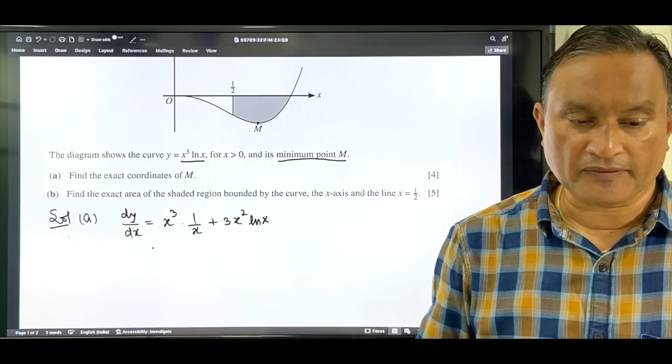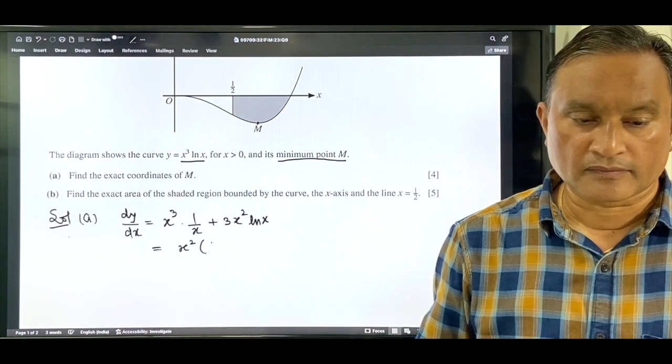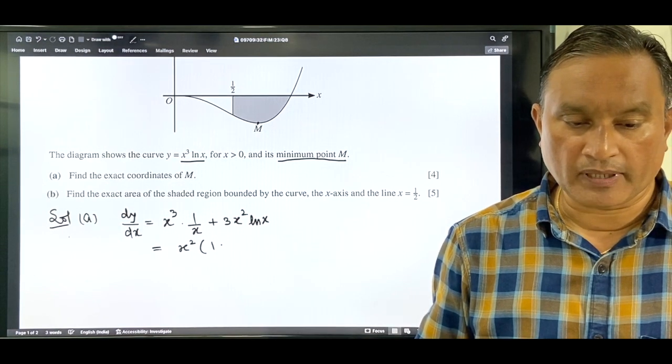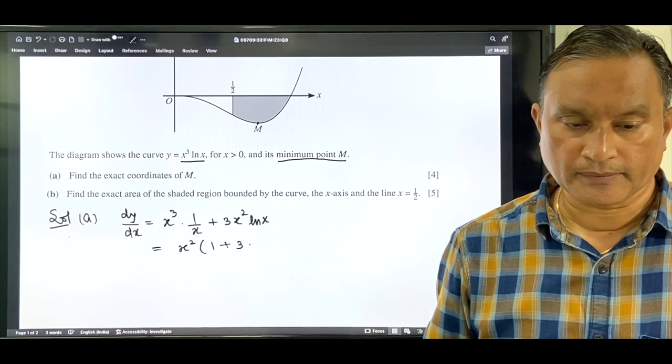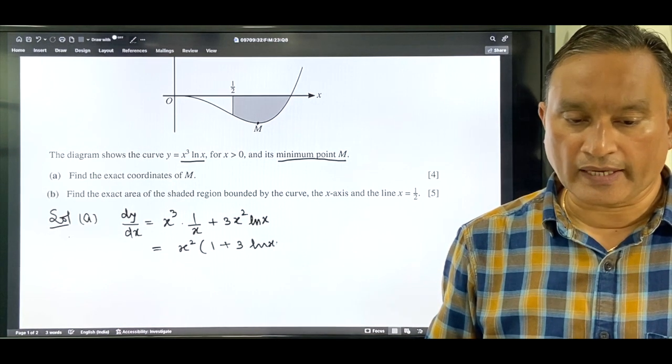Now we will simplify this, so it would be x squared (1 + 3 ln x).